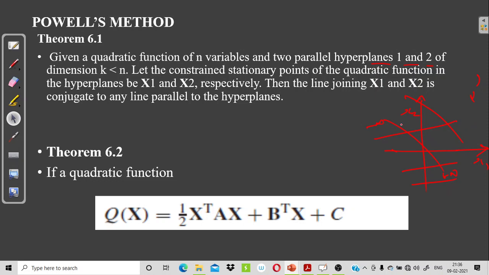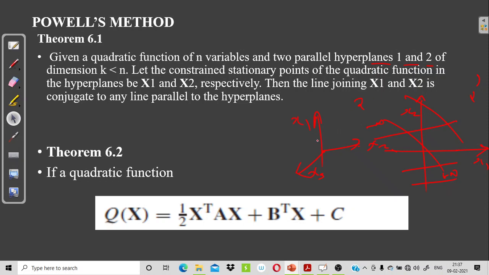And in a three-dimensional space, having x1, x2 and x3 coordinates, the hyperplane has a dimension less than that of the ambient space by 1, that is 2. Okay, 2 will be the dimension of the hyperplane.